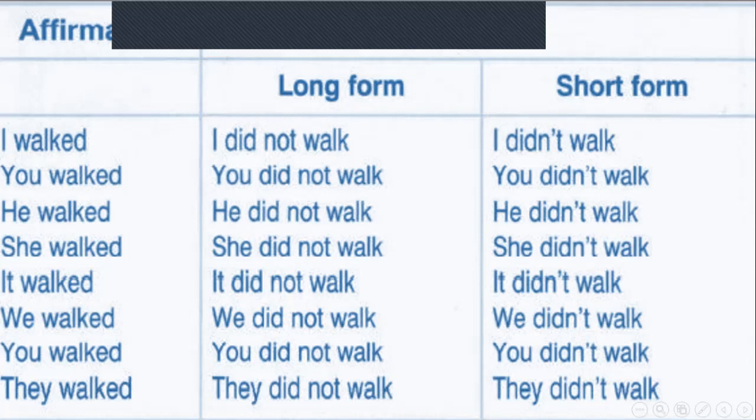Because after did not or didn't, we must use the verb in infinitive. After did not, I must use the verb at the first form. The first form means verb in infinitive.